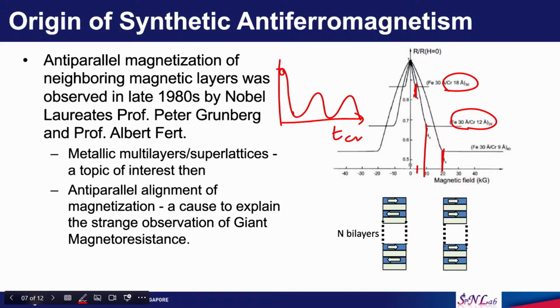Maybe some of them are here, some of them here, something like that. Depending on the thickness, you will have larger or smaller exchange coupling. So, let us say this is 9 angstrom chromium, 12 angstrom chromium is here, then 18 angstrom chromium is here, something like that.